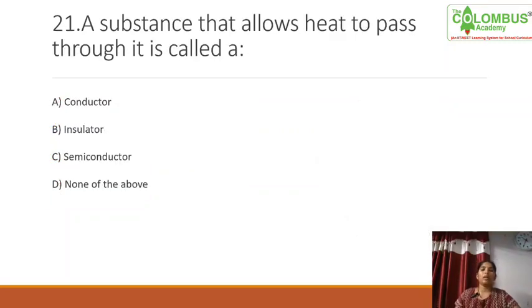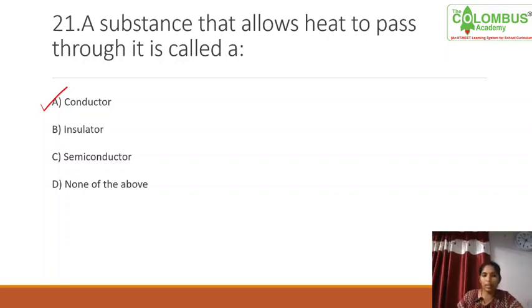A substance that allows heat to pass through it is called what? Think. Yes, conductor. A substance that allows heat to pass through it is called a conductor.